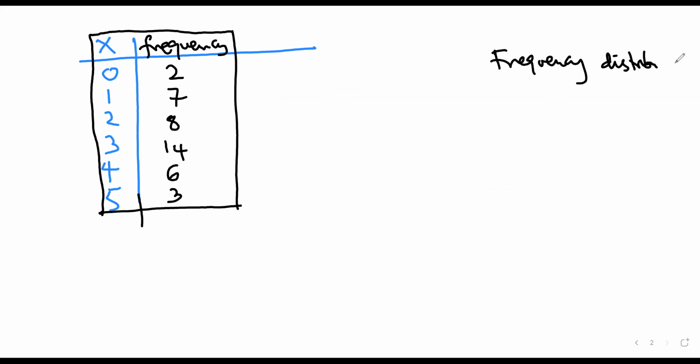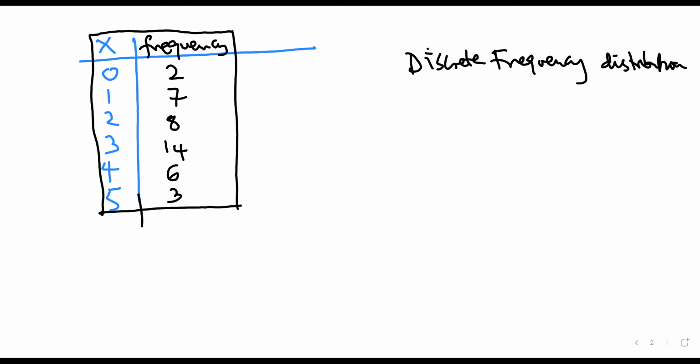And more specifically, this is called a discrete frequency distribution, because the variable under consideration here is a discrete variable. That is, X is a discrete variable. Okay. So we can quickly convert this table into a simple probability distribution as follows.